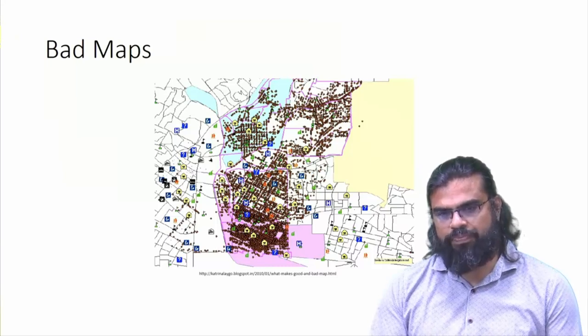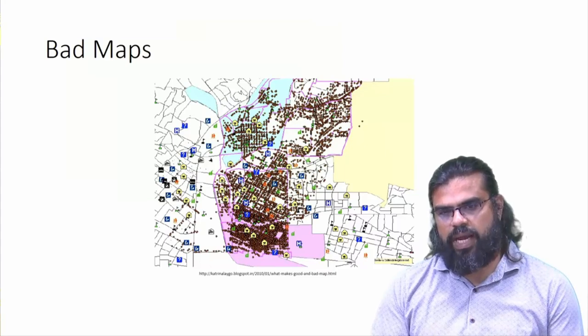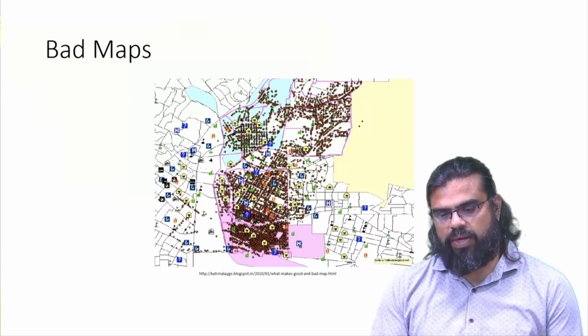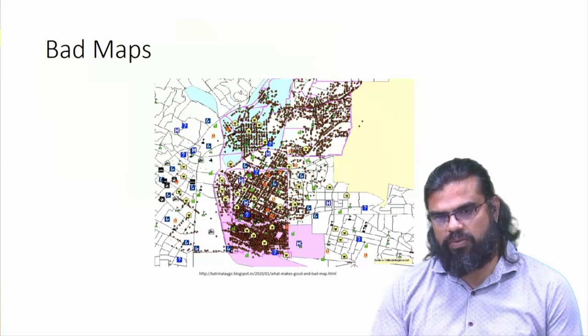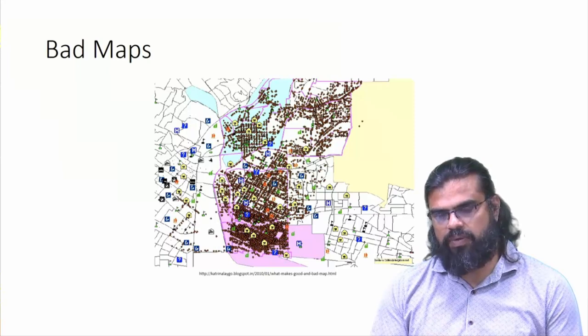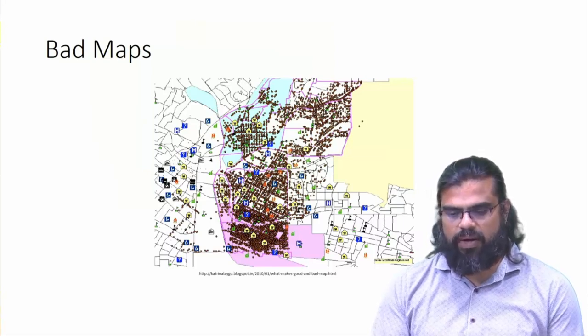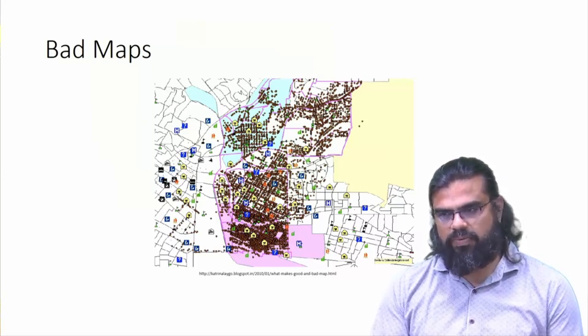So even though this slide has lots of information, when it comes to understanding geographical information from the end user's or map reader's perspective, it is not able to convey the overall information. If that kind of scenario arises, then we can easily categorize it as a bad map.